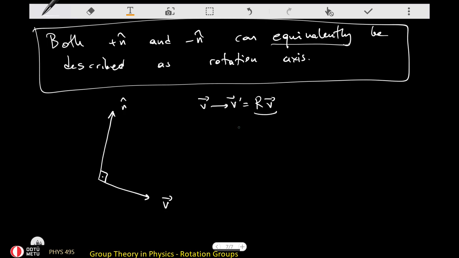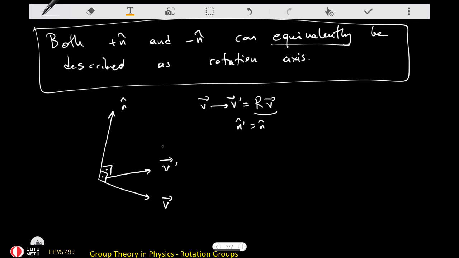Since n prime is equal to n, after you rotate n you get the same vector. This tells you that the angle between these two vectors should still be 90 degrees. So we have a v prime where that angle is also 90 degrees.